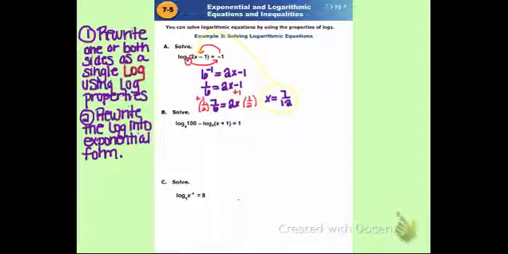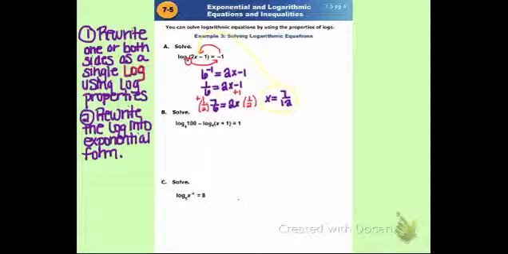So example B, this time I have two separate logarithms on the left-hand side. So step number 1 was to try to rewrite that side as a single logarithm. Well, remember we learned the quotient rule for logarithms that says we can use it in two different directions.